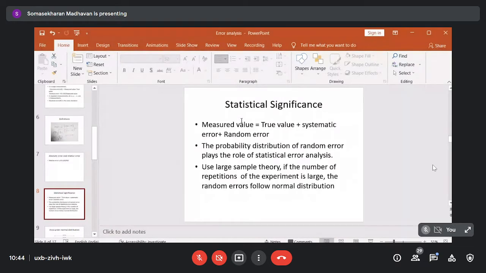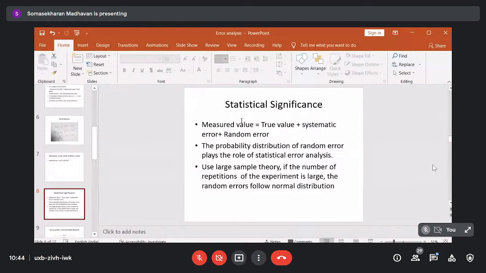Then the distribution of the error may be any distribution. It may be Poisson distribution or normal distribution, etc. In the case of small samples, the distribution may differ, but in the case of large samples, all these distributions converge to the normal distribution. So we use large sample theory.